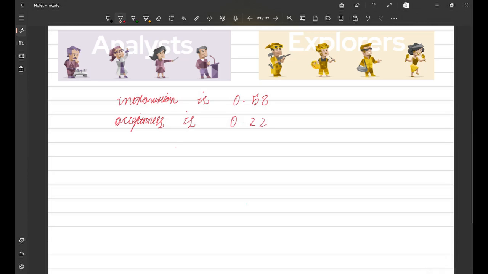So after that, they set some points and some scores for some criteria. And based on these scores, they put you in a personality type.